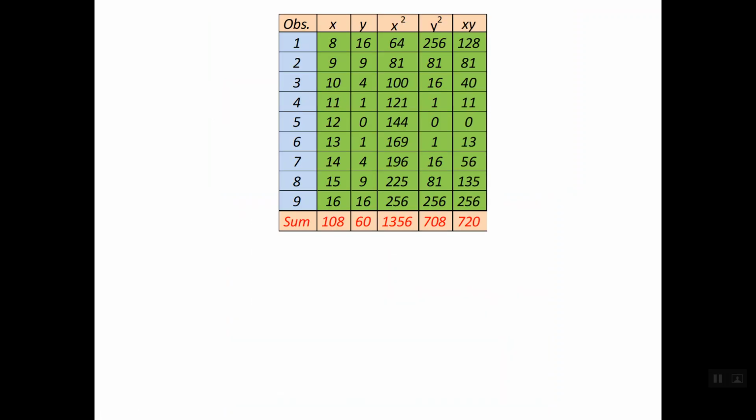Let's use the first formula, with the benefit of using Excel. So these are the needed columns and these are the sums for all of these. This is the first formula.